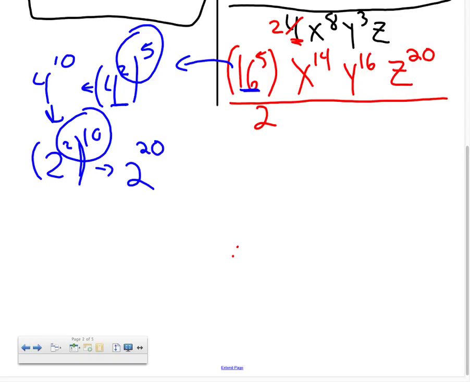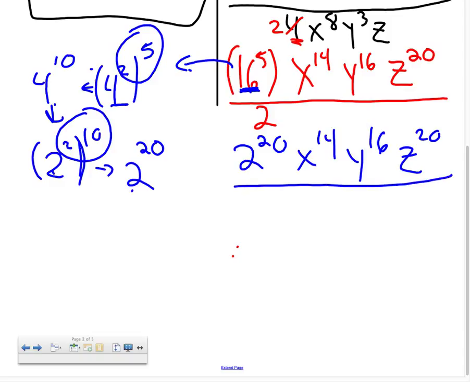So what I've done is I've taken 16 to the 5th, and I've whittled it all the way down to 2 to the 20th. So what I can do is take this expression and say 2 to the 20th, x to the 14, y to the 16, z to the 20th, all over 2.